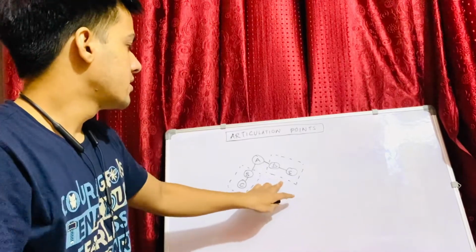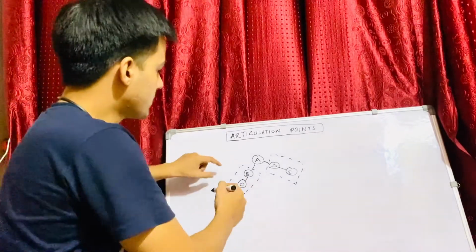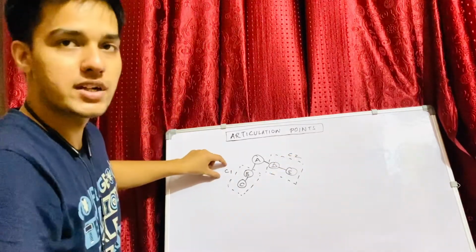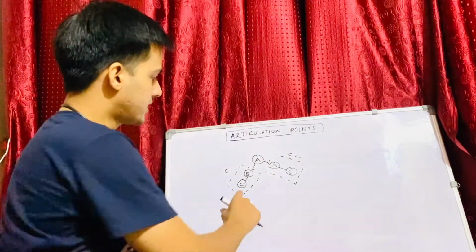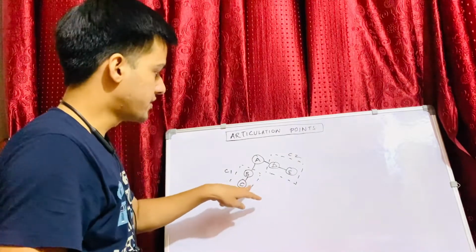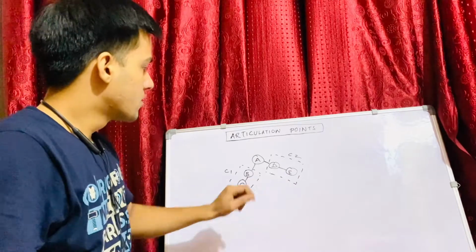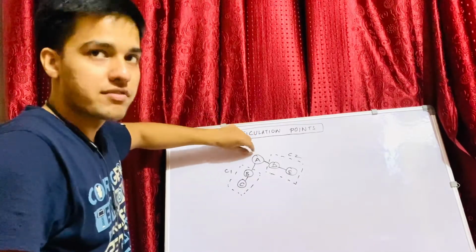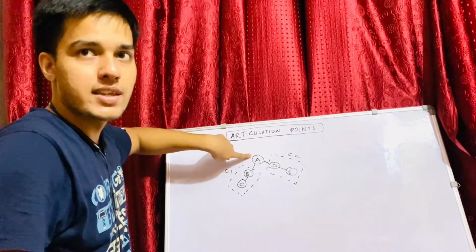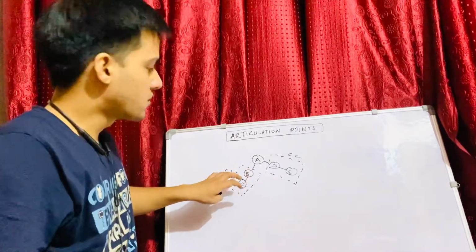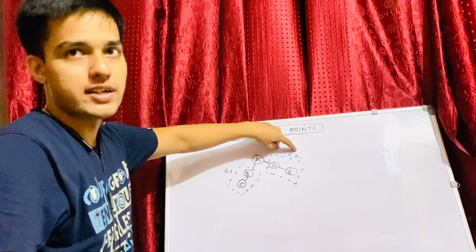This is component 1 and this is component 2. You can clearly see that there is no edge from B or C to D or E, right? So if I remove this vertex A, then clearly this will get disconnected, because there is no edge from component 1 to component 2, right?